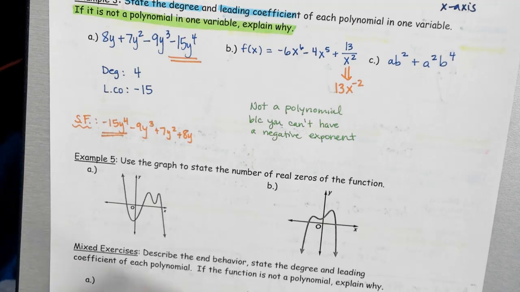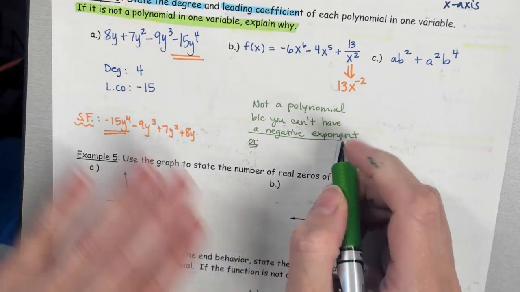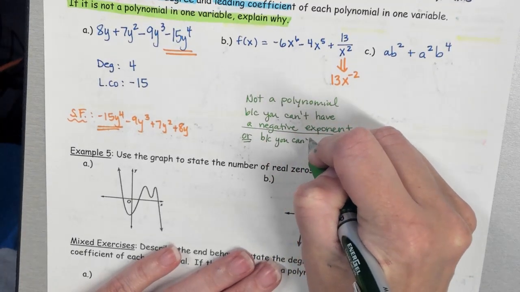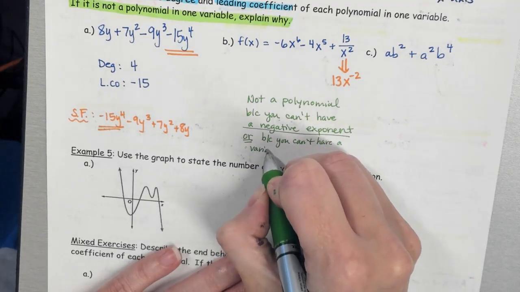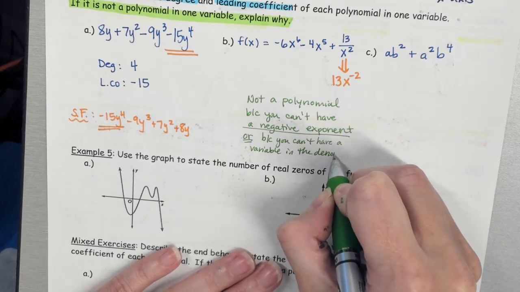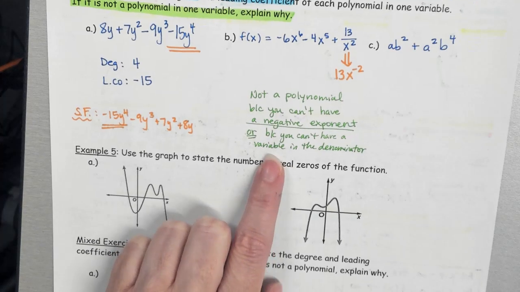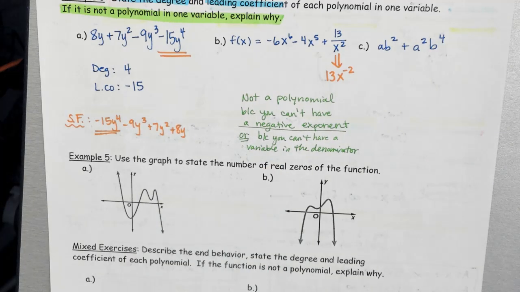I would also let you say or because you can't have a variable in the denominator. That would be fine too, but you have to make sure you specify it's a variable. So you can't have that variable of x in your denominator.